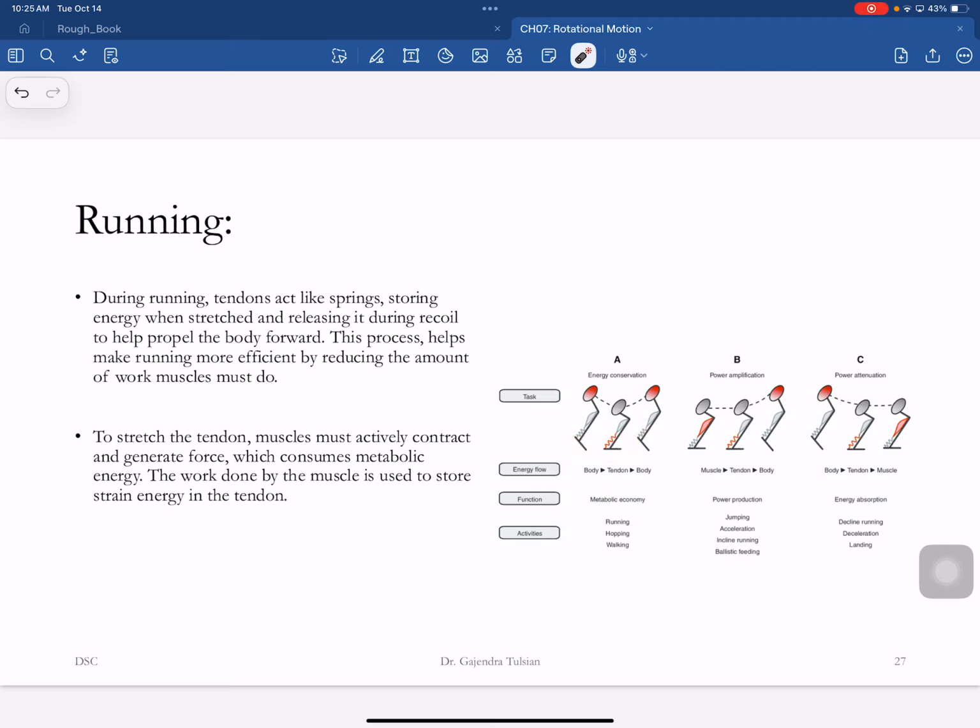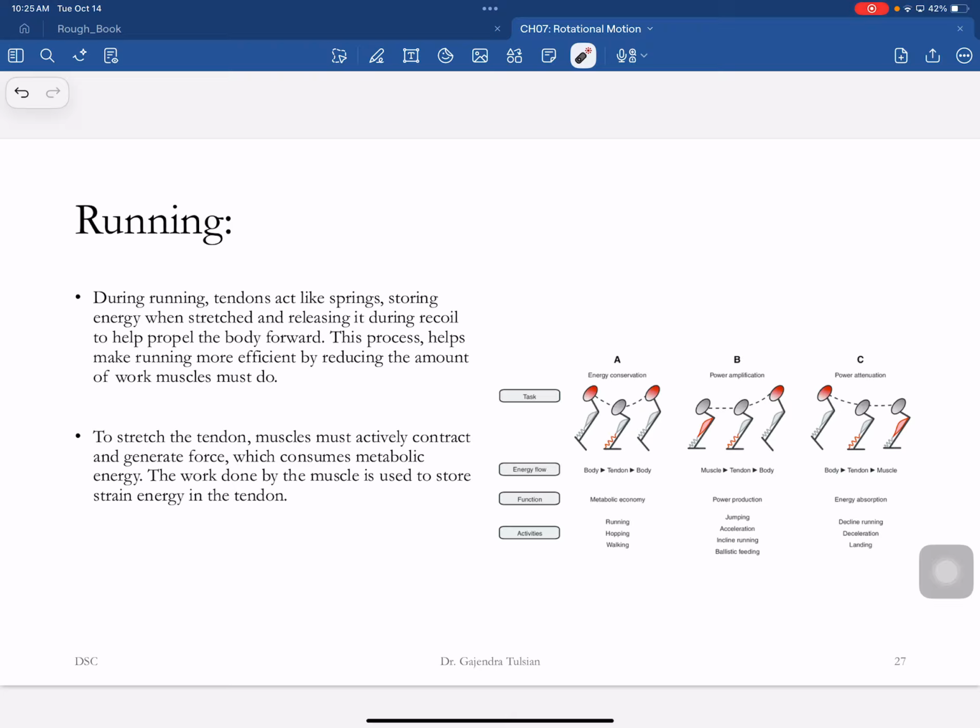So you see here, your muscle is not doing any contraction, and the energy stored in the tendons is being propelled back. This is hardly using any energy, and this is very efficient. So the energy flow is: your gravitational potential energy got converted to spring potential energy, then back to gravitational potential energy.